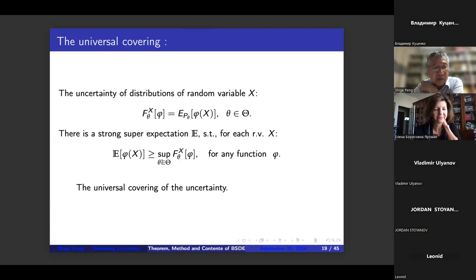This is what we call the universal covering.